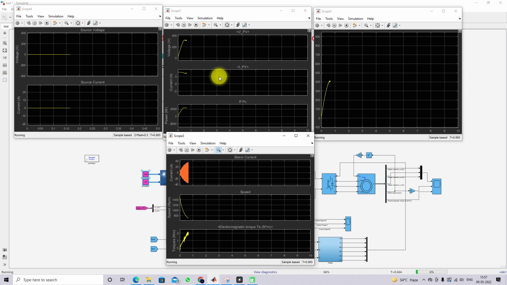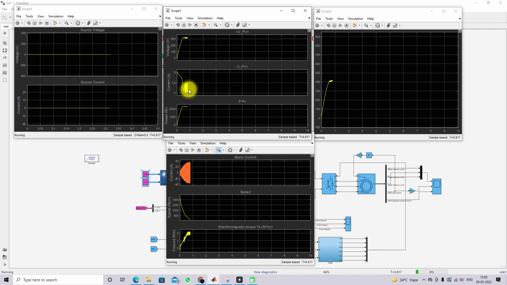Okay, so this response we are getting from that induction motor, and this induction motor is driven based upon this PV power. Okay, so now we can see that the PV attained the maximum power, right? It's around 2300, and then here we have that PV voltage around 300, and then here you can see that the PV current is around 7.4 amps, right?